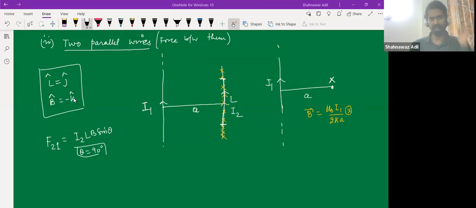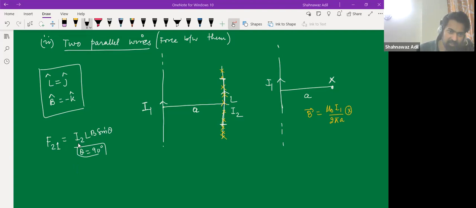This is going inside towards you, and this is upwards. You can also see from this that it is j hat and k hat. So what is the angle between j hat and k hat? That is 90 degrees. So theta is 90 degrees.